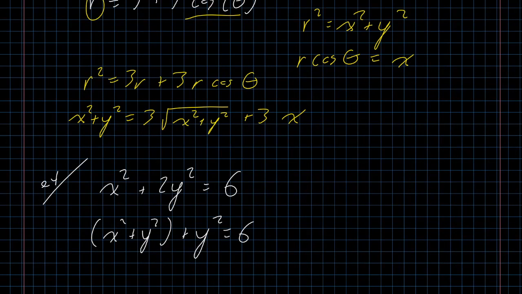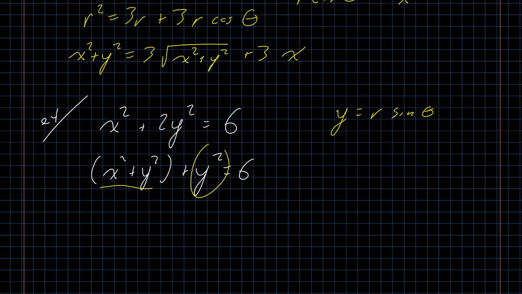But then by putting my grouping symbols in, I've got an obvious x squared plus y squared, which is easy to deal with. I've got a leftover y squared, but of course I know that y is r times the sine of theta, so I can just plug that right in. So this becomes r squared plus r times the sine of theta squared equals 6.